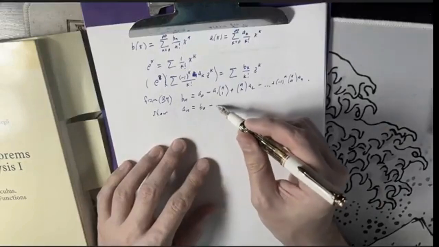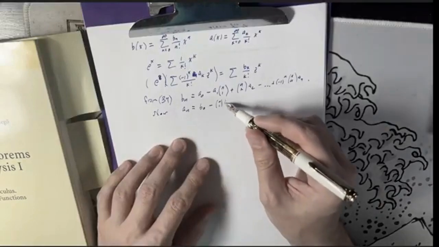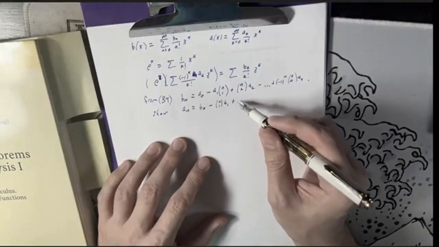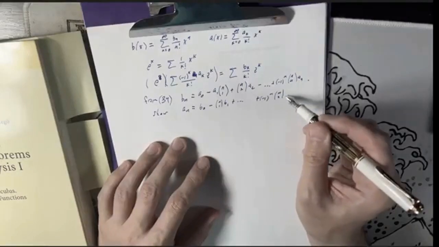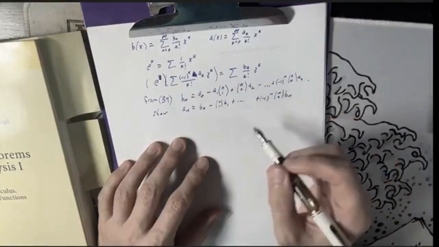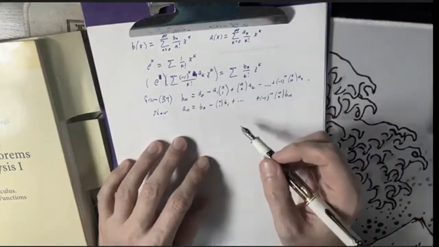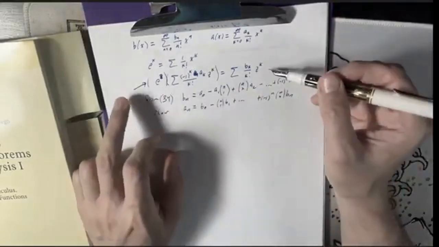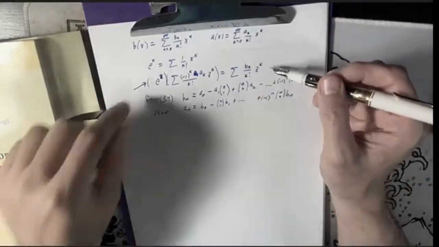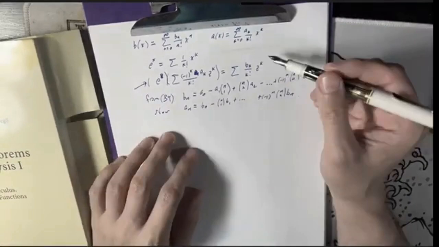Like you're going to get B0 minus n choose 1 B1 up to -1 to the n choose n Bn. Like show that happens. But so this was the whole trick, is defining B in this manner using this product makes it really easy.